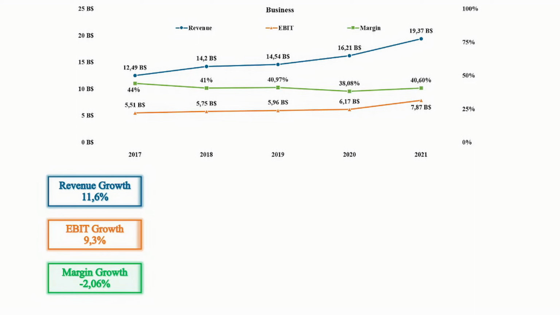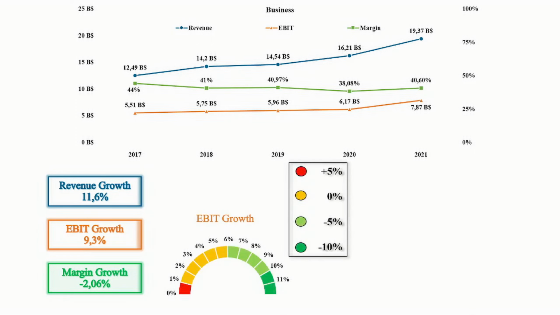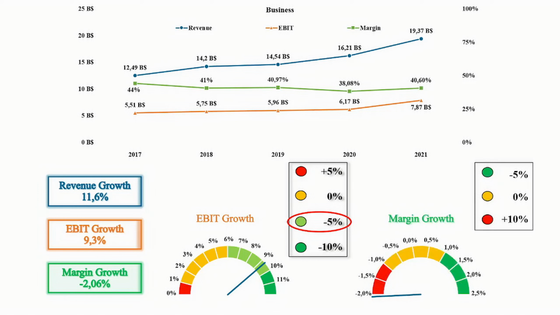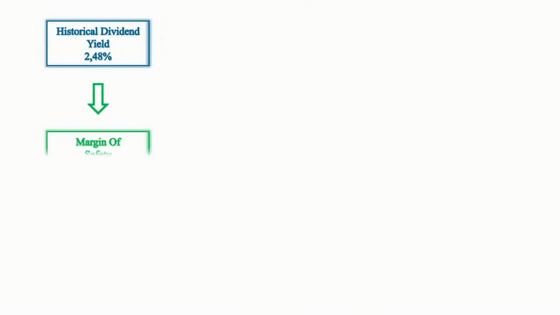An EBIT growth of 9.3% is in the light green section of my weighting scale, which gives minus 5%. A decreasing margin, on the other hand, is not a good sign, and for an average decrease of around 2%, I'll add 10% to the margin of safety. Since every metric from my analysis has now been collected, it is time to adjust the margin of safety.